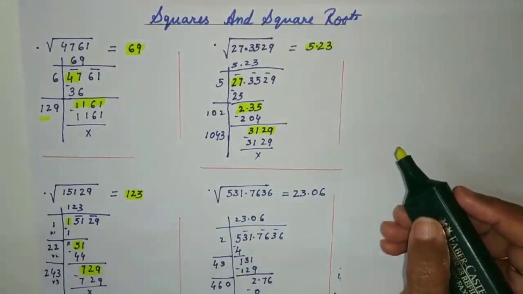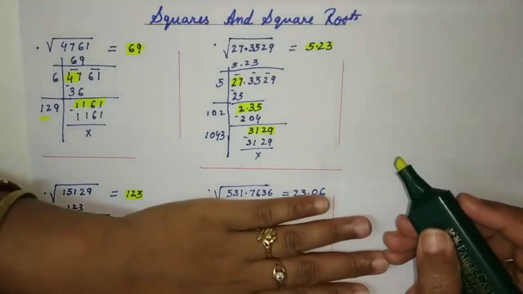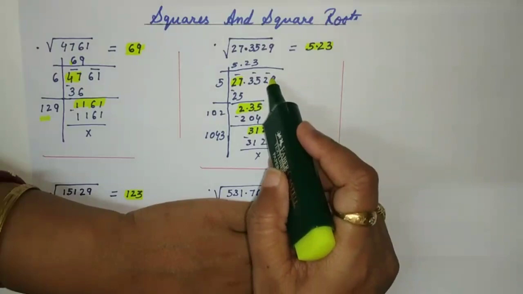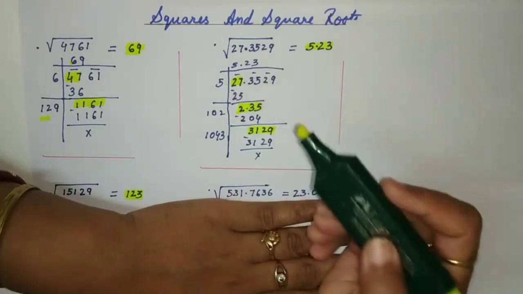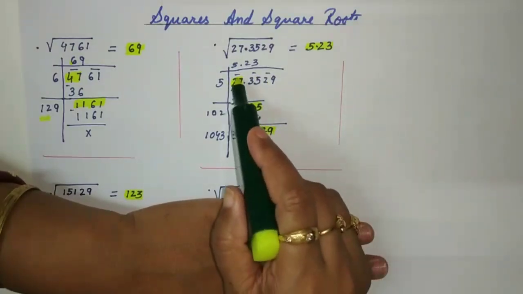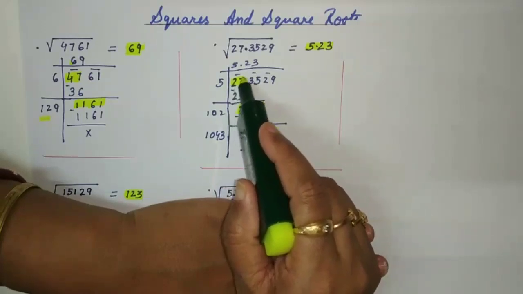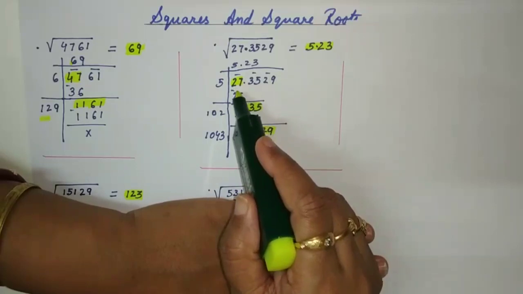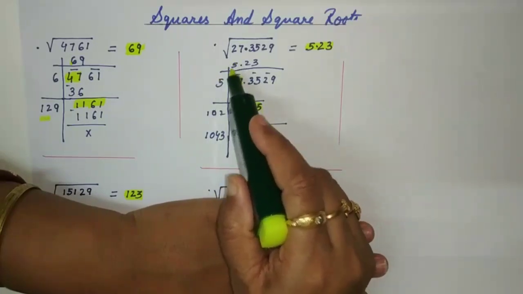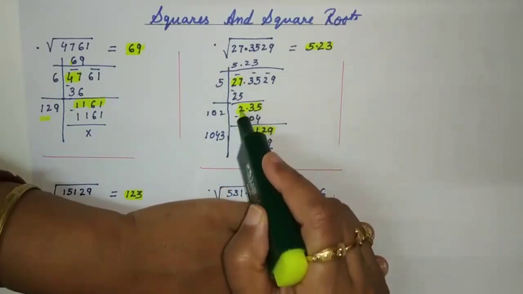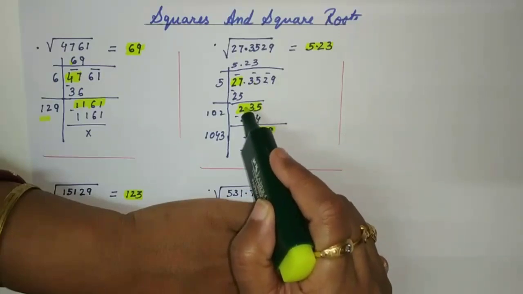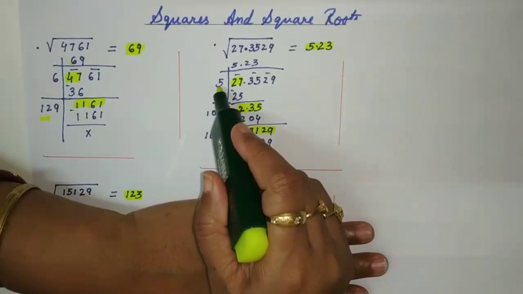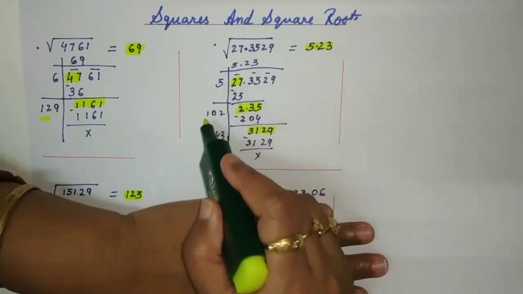For a decimal number, let me repeat it once again. 27.3529, it is paired from right side. The number that has to be seen first is 25. We consider 27, so we consider 25, that is 5 5s are 25. Difference is 2, the next pair comes down. Decimal, so decimal is put in the quotient. 5 was the number taken, so 5 plus 5 is 10.